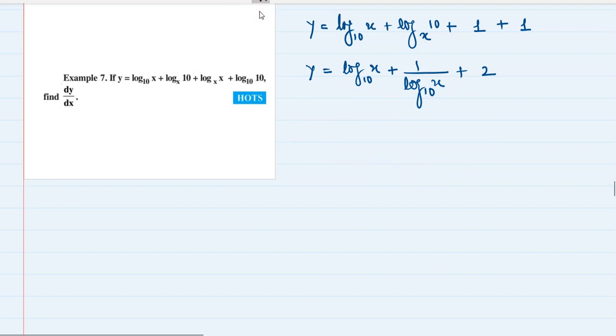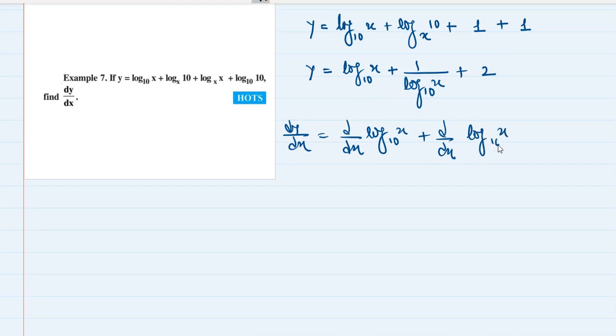We can differentiate this. So dy by dx is equal to d by dx of log of x to the base 10 plus d by dx of log of x to the base 10 the whole raised to minus 1 plus d by dx of 2. Correct?